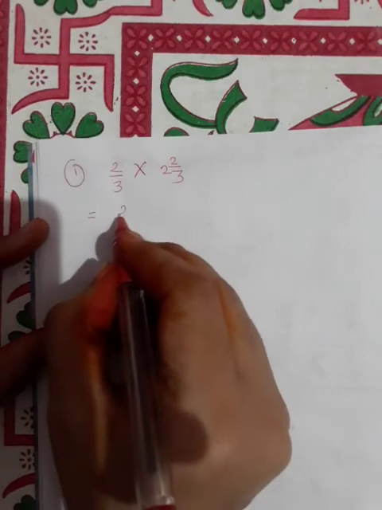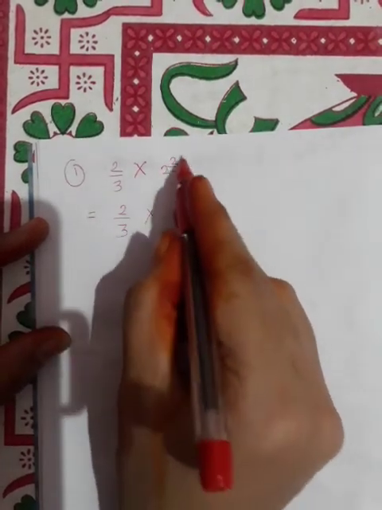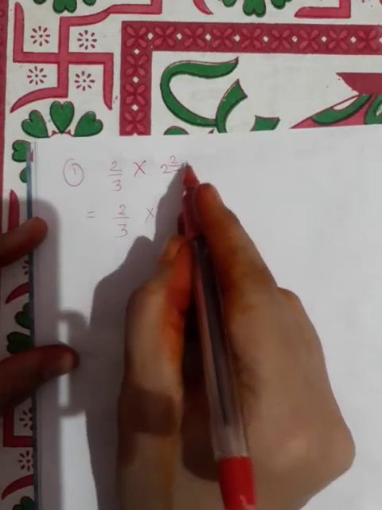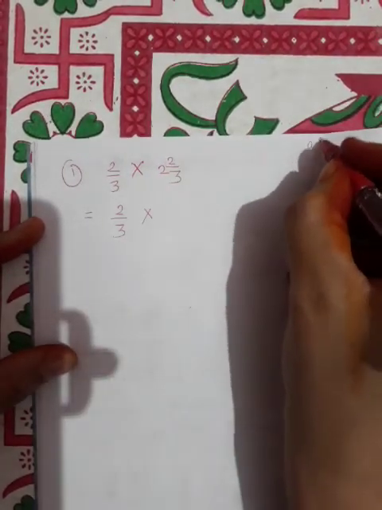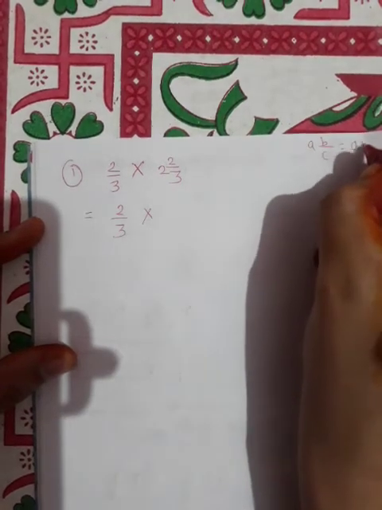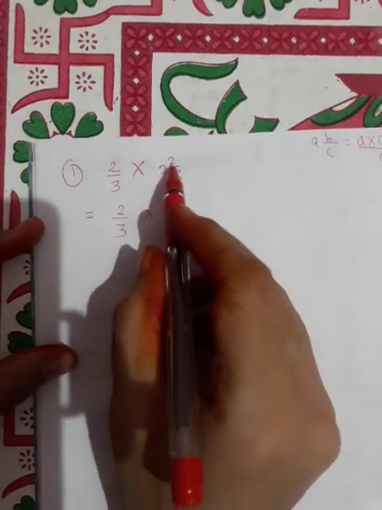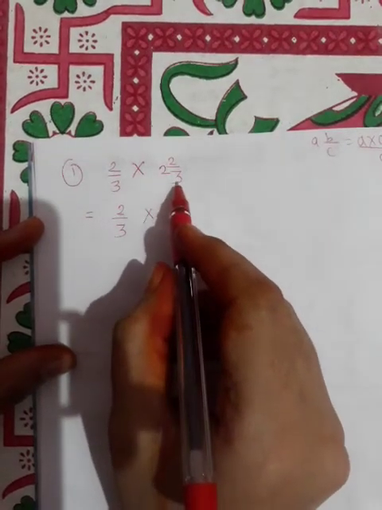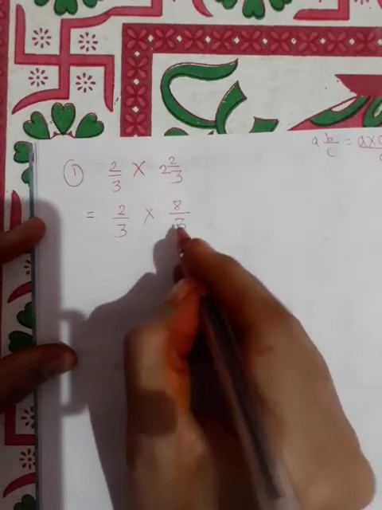So 2 by 3 as it is, into, first convert this mixed fraction into an improper fraction. We have the formula: A B by C is A into C plus B upon C. So 2 2 by 3 means 3 2s are 6, 6 plus 2 is 8 upon 3.